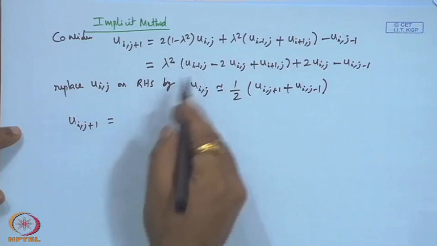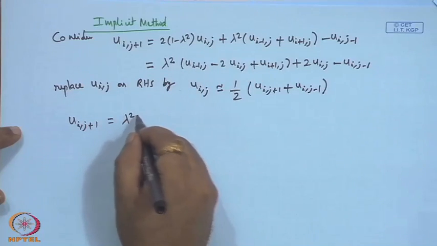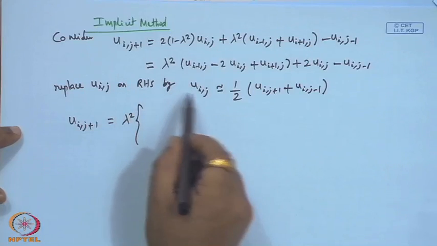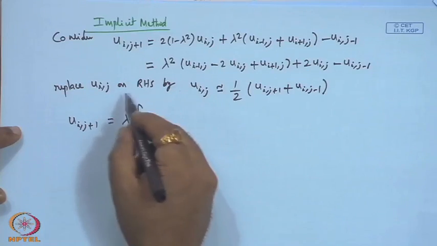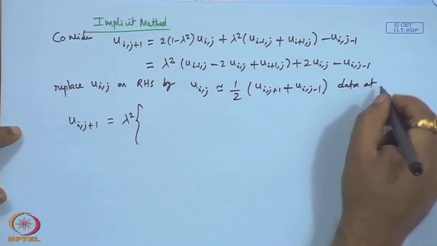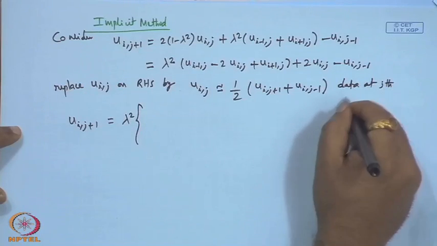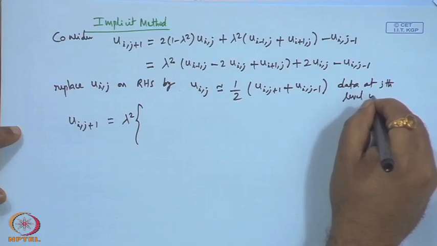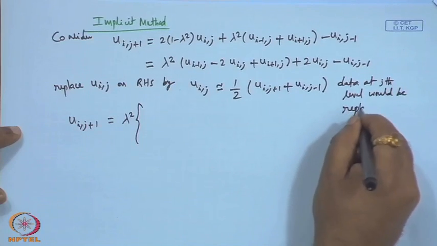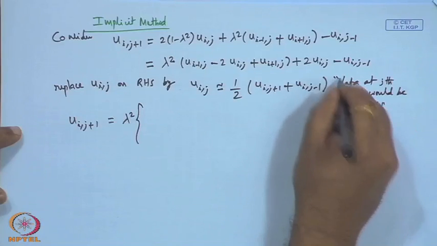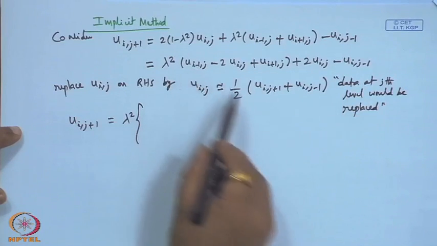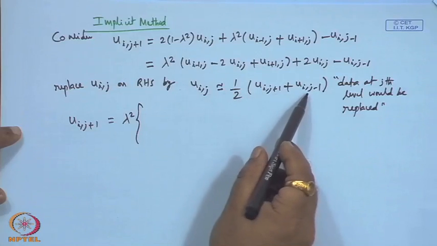So, when I say RHS u i j, that means data at the jth level would be replaced. Okay. So, now this is at the jth level. We manipulate the index for i j, this is the rule.